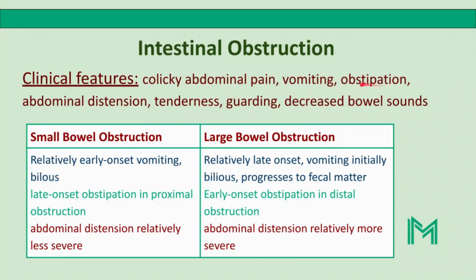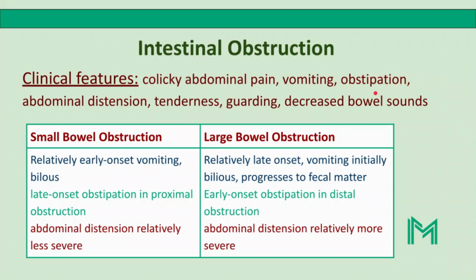Now, I want you to take note of this word obstipation. Commonly, the term that is used is constipation, but the most accurate term when it comes to intestinal obstruction is obstipation, because obstipation is a severe form of constipation. With constipation, there is a decrease in the frequency of passage of bowel through the rectum.